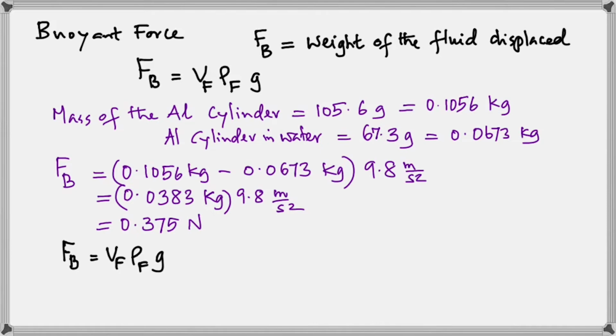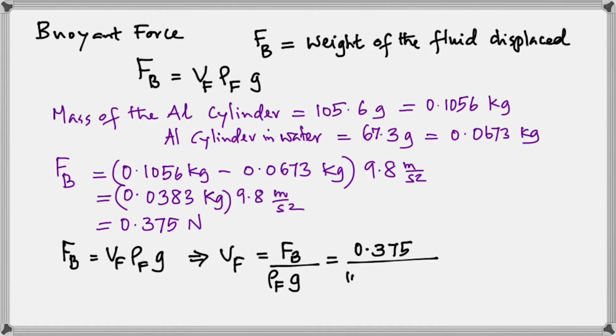Okay. So you can find the volume of the fluid displaced by that: you have 0.375 divided by density of water times 9.8, and you get, did you get something like 3.827 times 10 to the, is it negative 6?